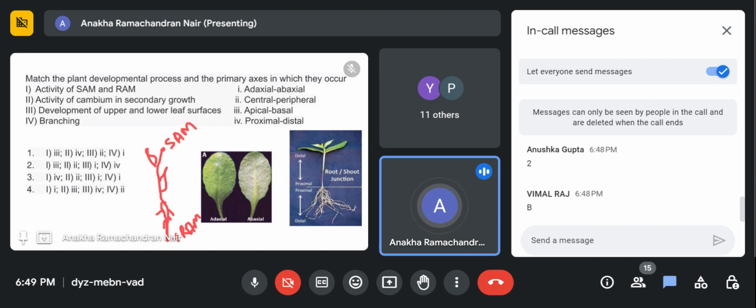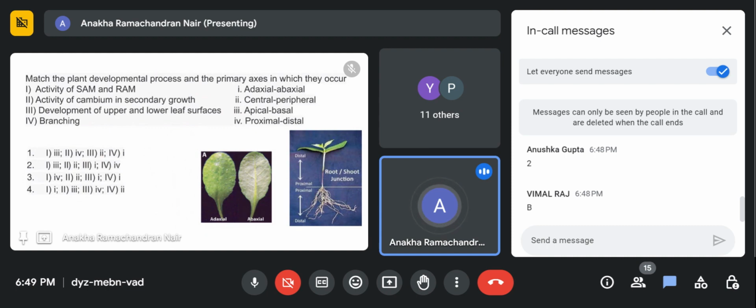The shoot apical meristem is responsible for the growth of the plant upward, that is the increase in the length of the plant, and the root apical meristem is responsible for the increase in length of the root towards the downside. So the activity of SAM and RAM is apical and basal, in the direction of top or bottom.